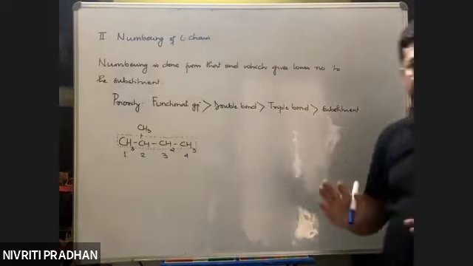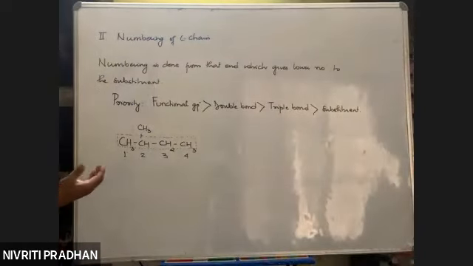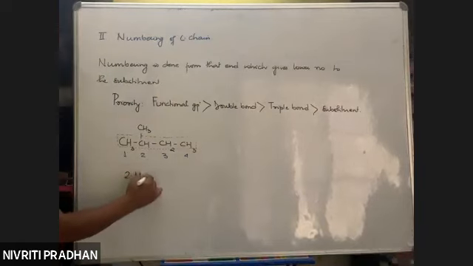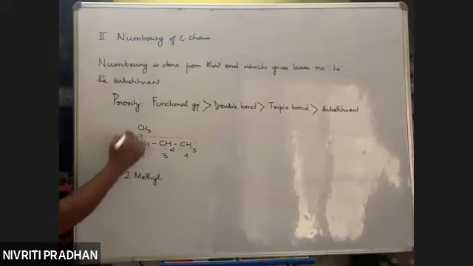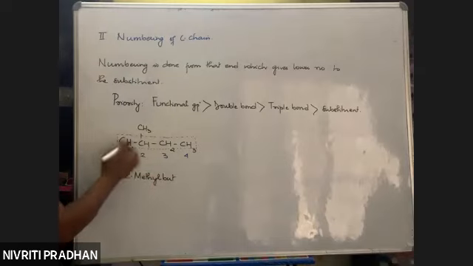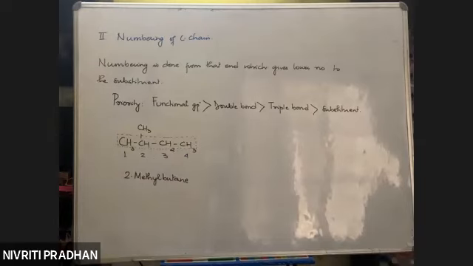Carbon number 2. So how do I name this according to IUPAC? First, I need to name the prefix. Prefix means substituent. So a methyl at position 2, I'll name it 2-methyl. Word root butane, with carbon-carbon single bonds, so 2-methylbutane. This is the IUPAC name.